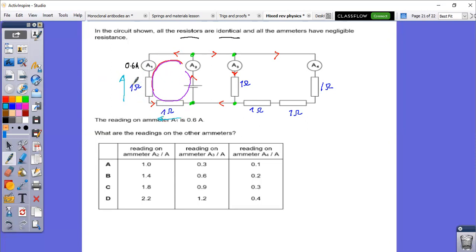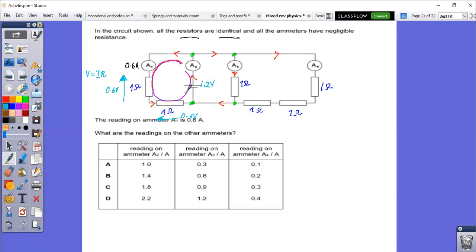Potential difference drops only happen across resistors or components that have a resistance. And we show that drop in an opposite direction to the direction that the current is moving in them. So we apply Kirchhoff's second law. So here I'm going to have 0.6 volts. I've simply used V equals I times R. Current is 0.6. My resistance is 1. Here I'm also going to have 0.6 volts potential drop. So the total drop in potential is 1.2. This must equal my supply, my EMF. Are we following so far?